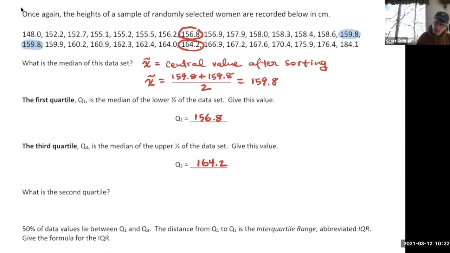Okay, and just real quickly, I want to give you the Desmos notation for this. Just off to the side in Desmos, you would type in the list of numbers. We're not doing all of them, but 148.0, 152.2, and you just keep going till you get to the last one, which is 184.1.